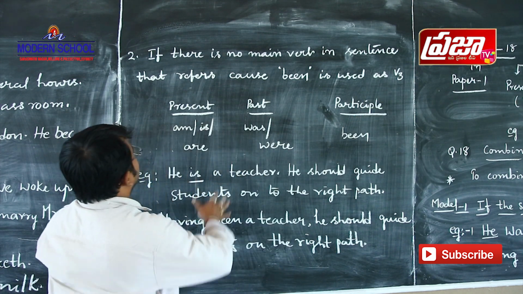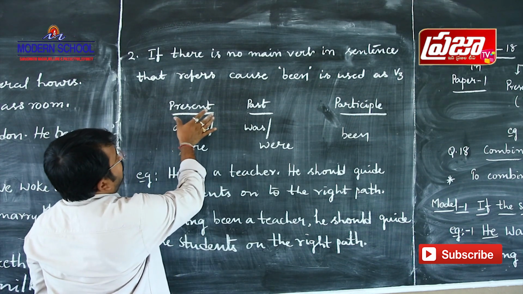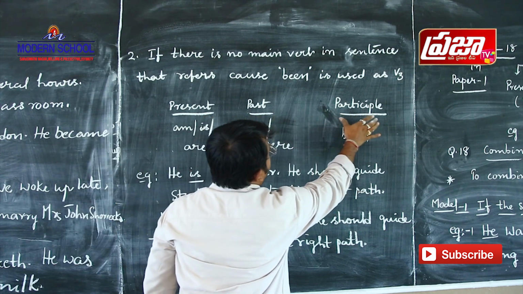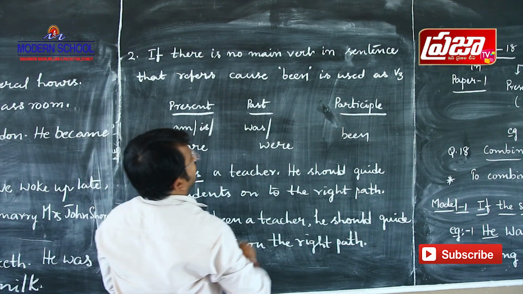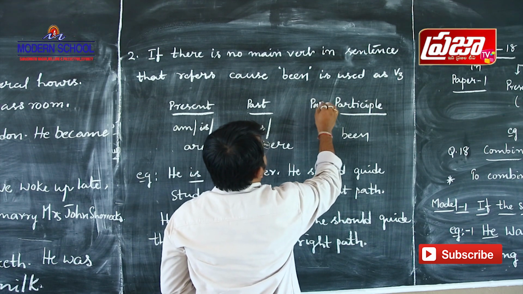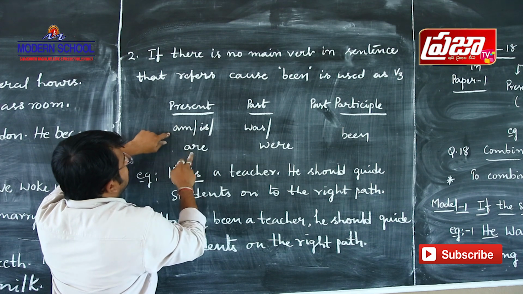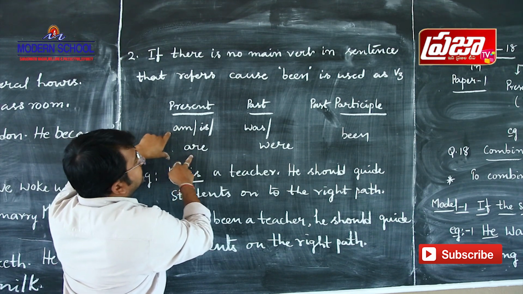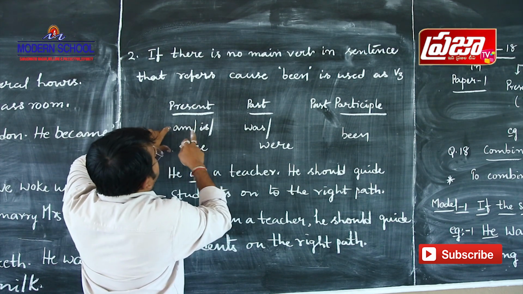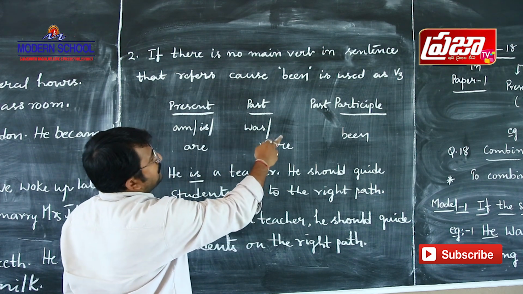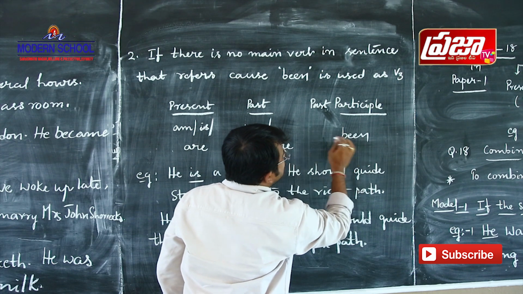Take the three forms of the verb: present form, past form, past participle form. Am, is, are is the present form. The past form of am, is, are is was or were, and the past participle form is been.